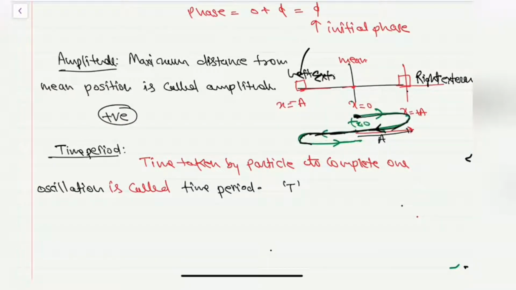Then it goes to the mean position. तो t is equal to 0 से लेके t is equal to time तक, it completes one oscillation about its mean position. Therefore this time is called the time period, isn't it?